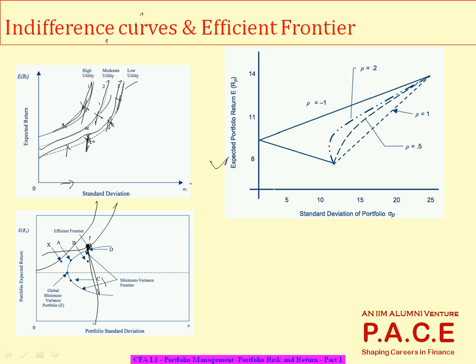If he is a risk neutral kind of a person, this is the investment preferred for him. If I am combining the utility function curve with the efficient frontier curve, whatever is the point of intersection of the two is actually the optimal investment for that particular investor or set of investors, right?